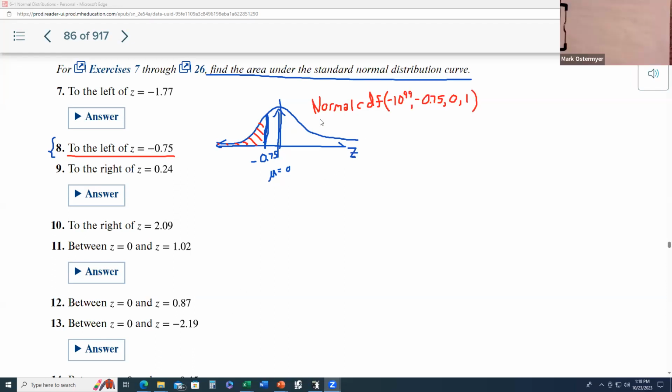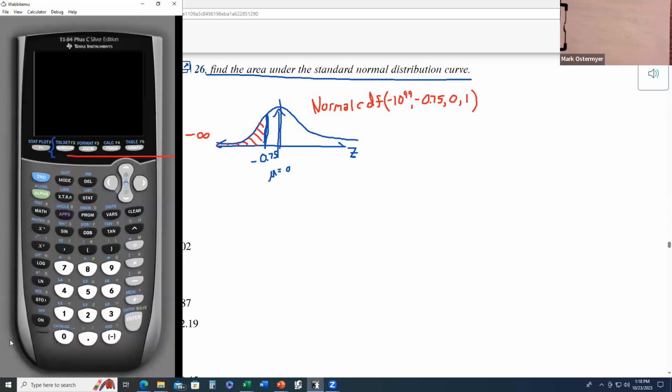All right, so we're going to grab our normal CDF function. Notice the left endpoint of this interval is going to be negative infinity, which we're going to fool the calculator into thinking is negative 10 to the 99th power. The upper endpoint is negative 0.75. So let's go grab our calculator.